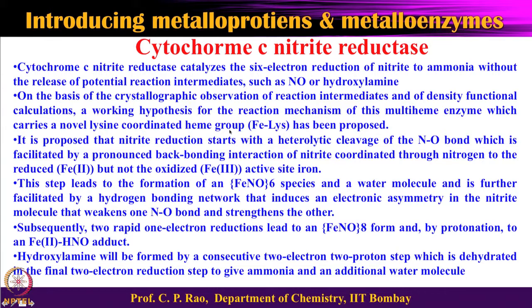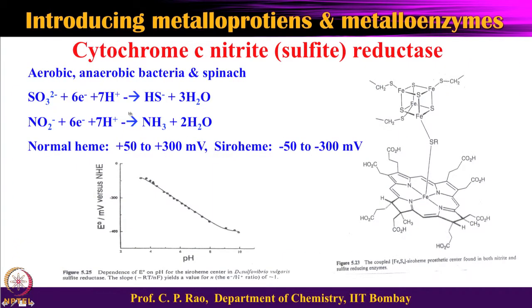Let us look at some characteristics of this nitrite reductase, which can also do sulfite reduction. Now, first let us look at the reactions. Look at the reaction of nitrite. So, NO2 minus plus 6 electrons plus 7 protons will give ammonia plus 2H2O.